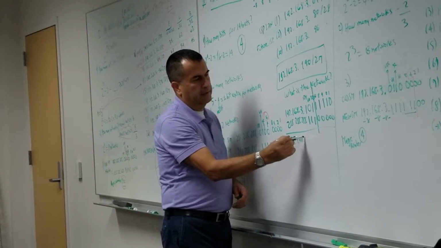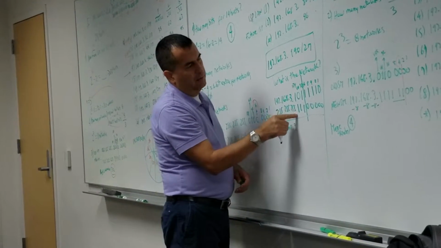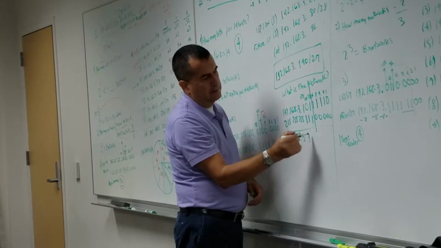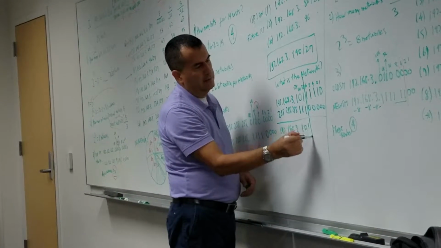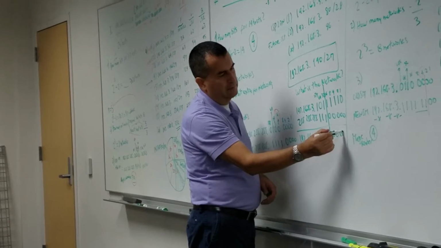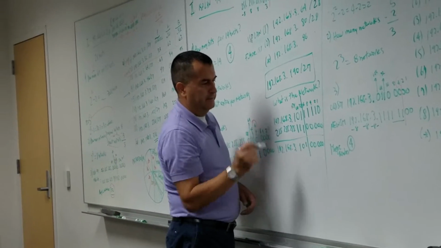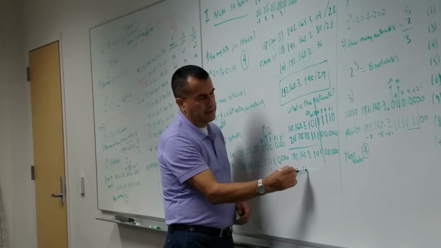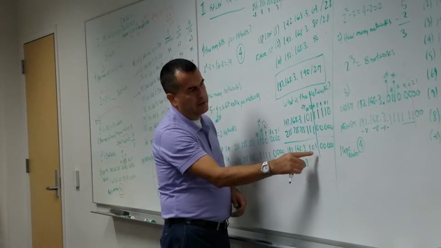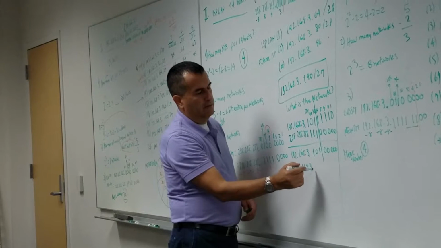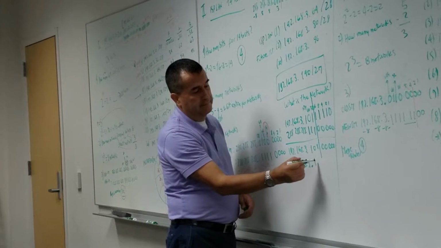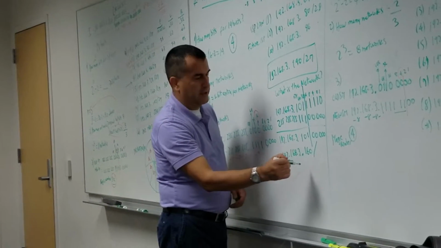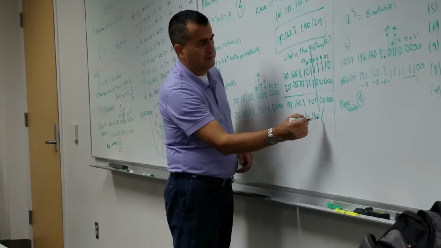192, 168, 3 dot. 1 and 1 is going to be 1, 0, 1. So it's 192.168.3 dot, what is this number? 160, slash, what?